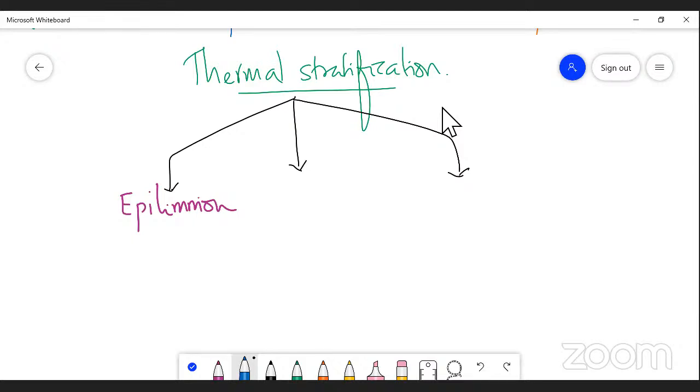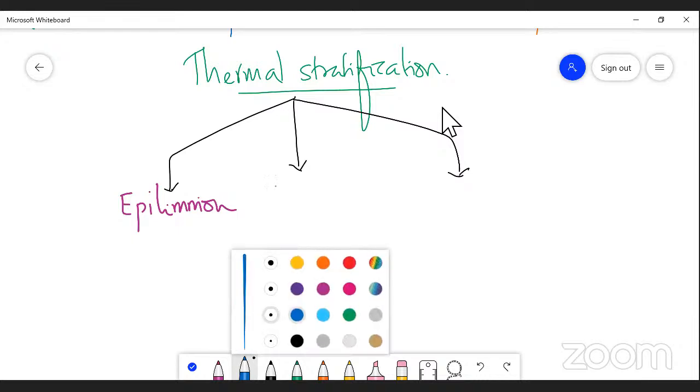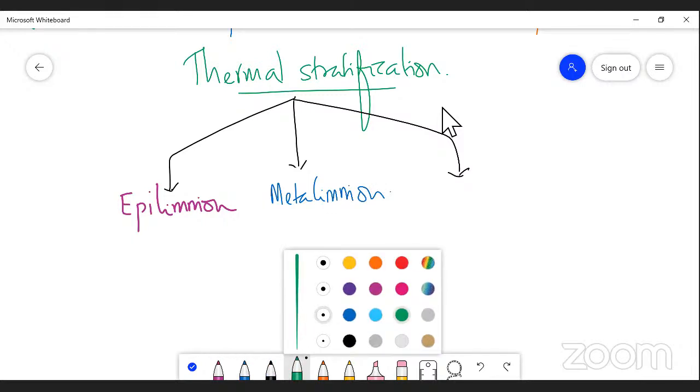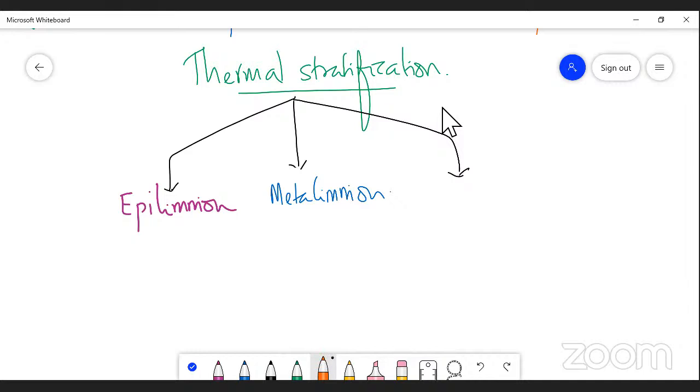Whereas the second category is the metalimnion, the middle portion of the pond. I'm talking about the second layer of a pond, in between the upper surface and the bottom of the water.